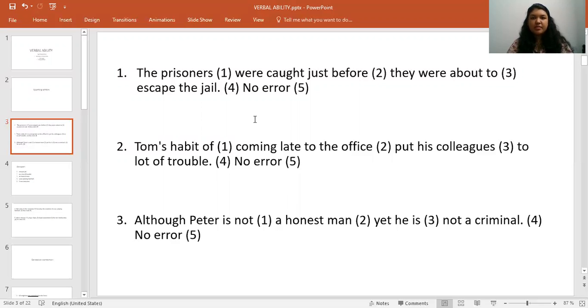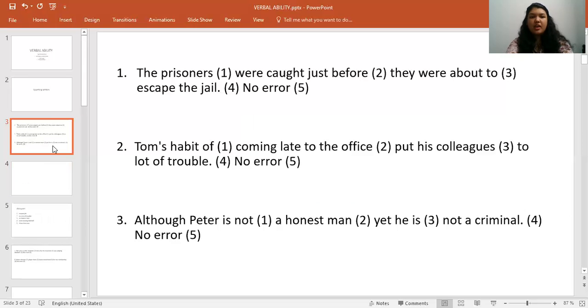In case of escape the jail, an article that is used is the. The article the is used when we talk about common places like hospitals, schools, etc. So in this case, a jail is a common place, and we cannot use the article the.